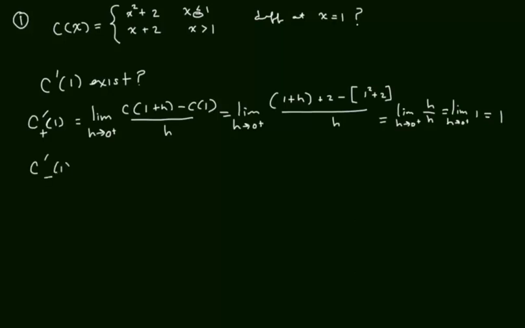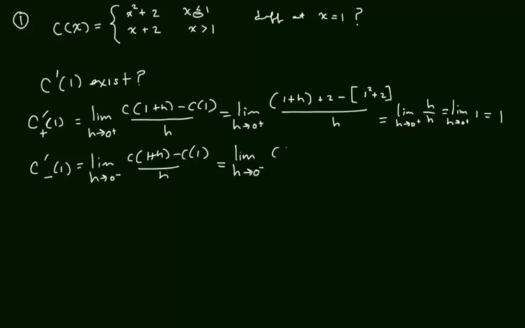C prime from the left of 1 is the limit as h goes to 0 from the left, c of 1 plus h minus c of 1 all over h. You'll notice even in my rushing state, I will not fail, at least intentionally, to write the generic before writing specifics.